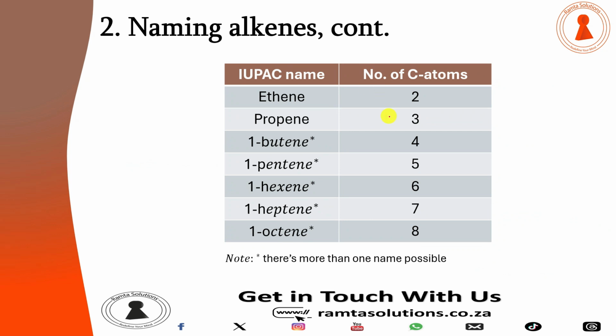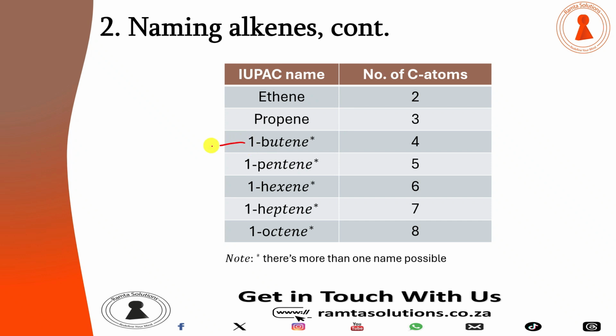For carbon 2 and 3, the names are simply ethene and propene. For 4 carbons and more, the names could be different from what you are seeing here, because the double bond can be on carbon number 2, number 3, number 4, wherever, depending on the size of the molecule. These are just the simplified names.